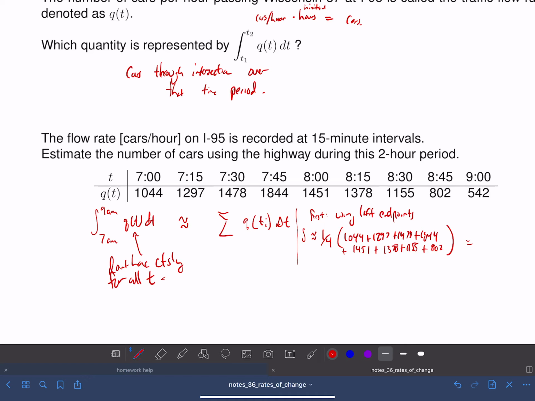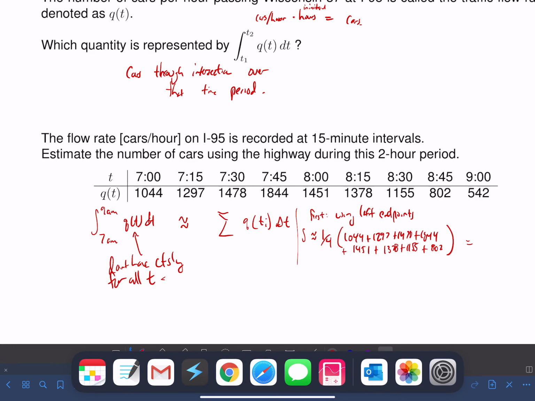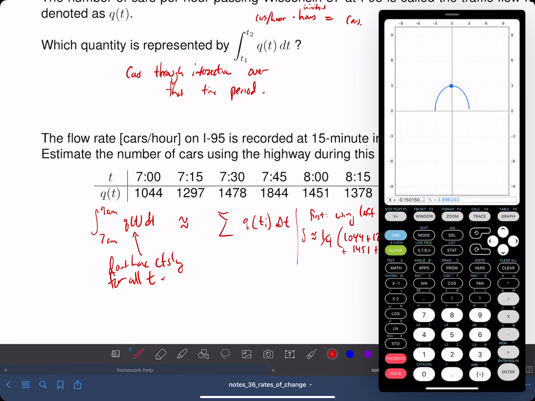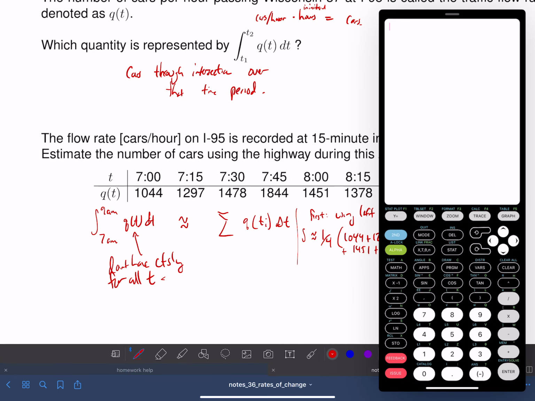And if I mash those buttons through my calculator, let's see here. So I'm going to go 0.25 times 1044. Oh, better open that paren. Ooh, that's left over from my last one. Second quit. Clear.